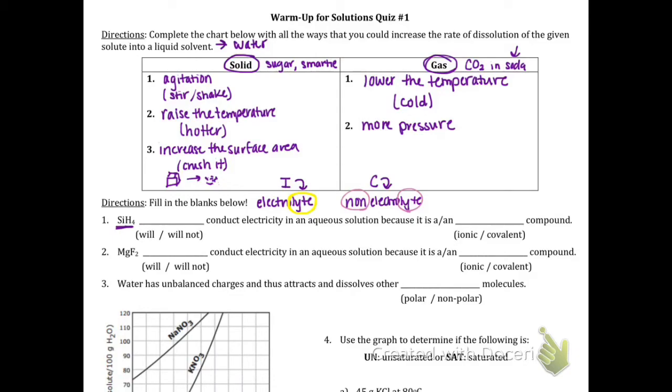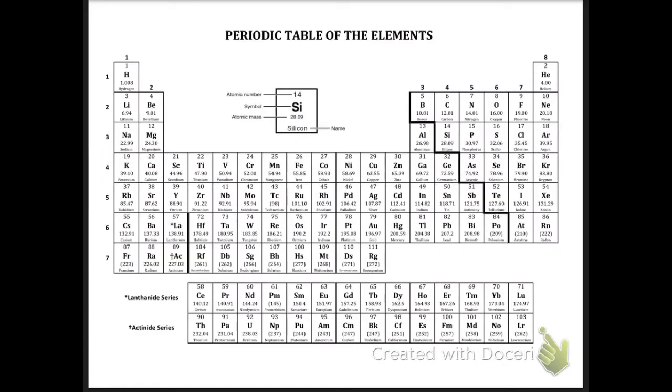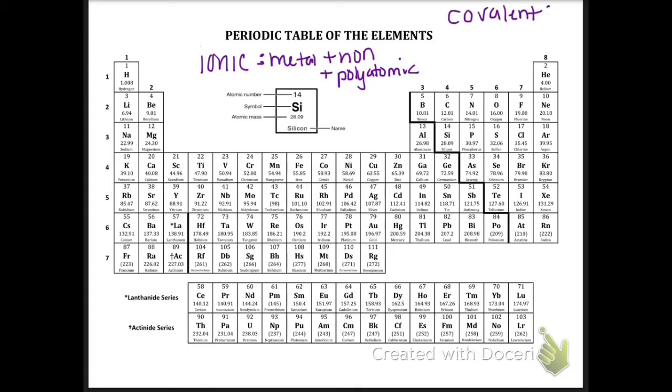So let's recap really quick on the difference between the two. Ionic compounds are when you have a metal with a nonmetal or a metal with a polyatomic, and covalent is when you have a non-metal with a non-metal. The trick to help you remember this was I'm on CNN, right?